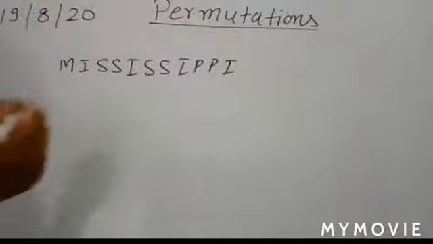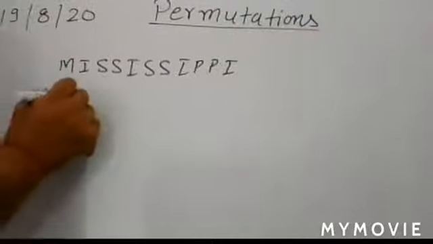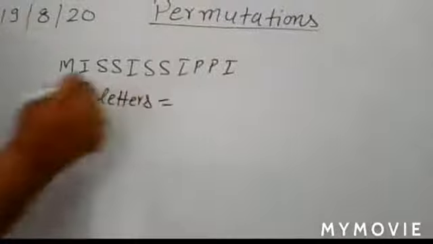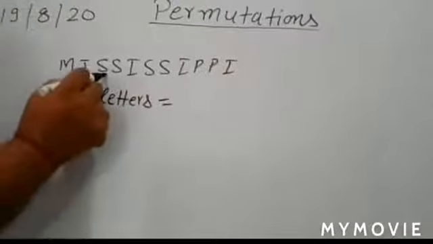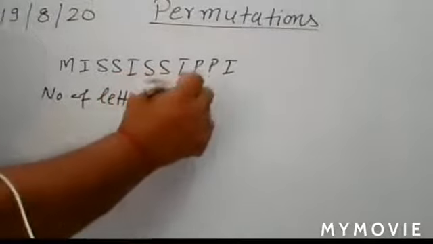First of all, you count the number of letters. Number of letters is equal to, counting 1, 2, 3, 4, 5, 6, 7, 8, 9, 10, 11.